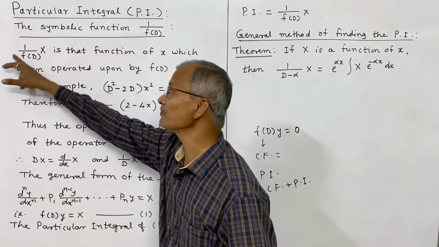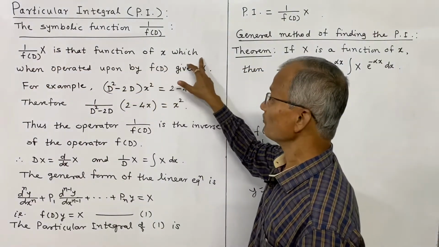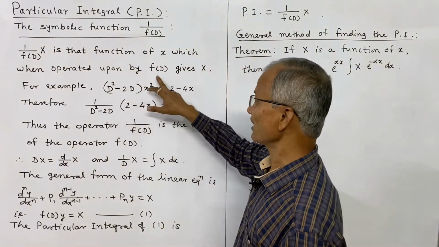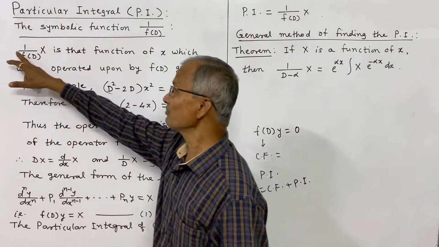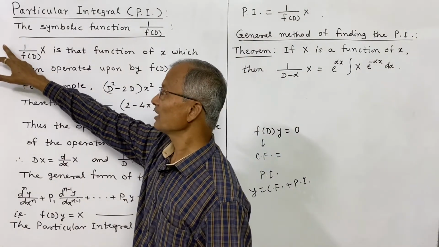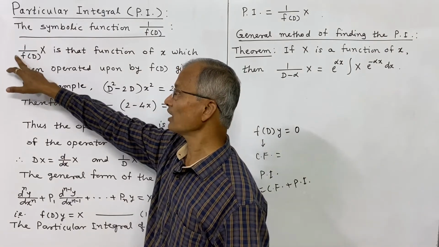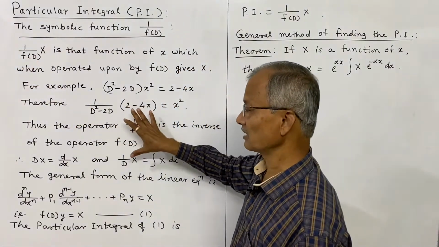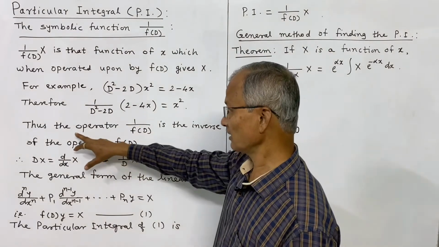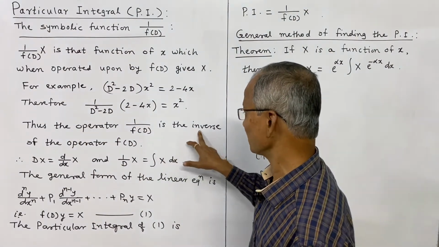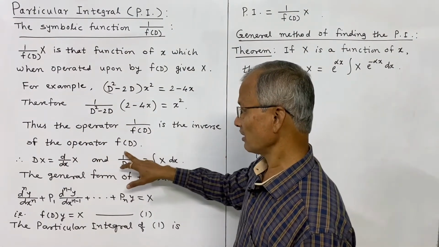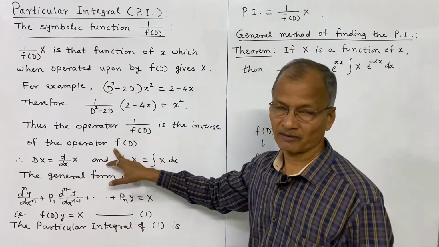Therefore, this will be a function of x, which when operated upon by f of D gives X. That means f of D and 1 upon f of D are inverse of each other. So we have written here that the operator 1 by f of D is the inverse of the operator f of D.